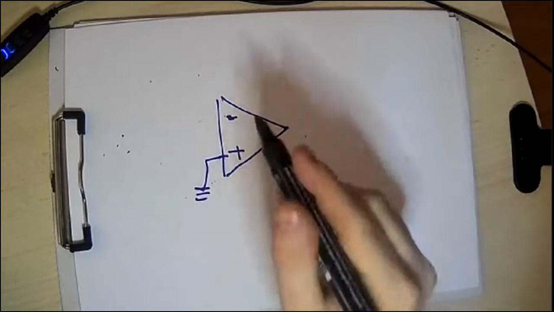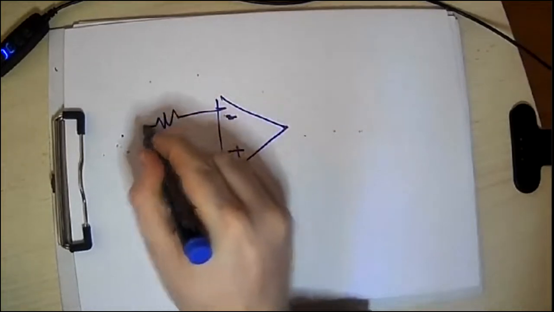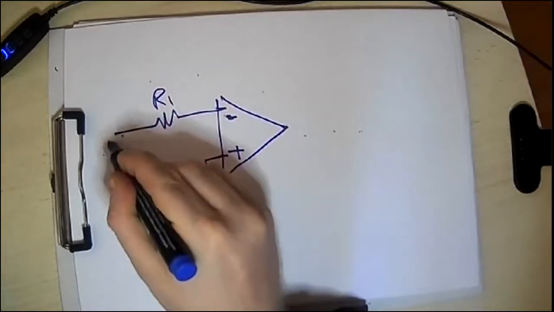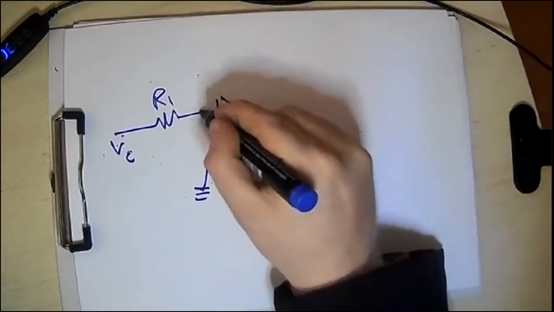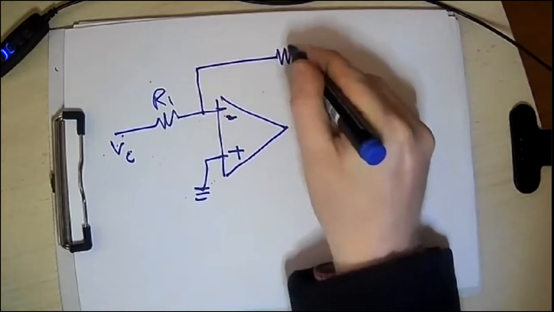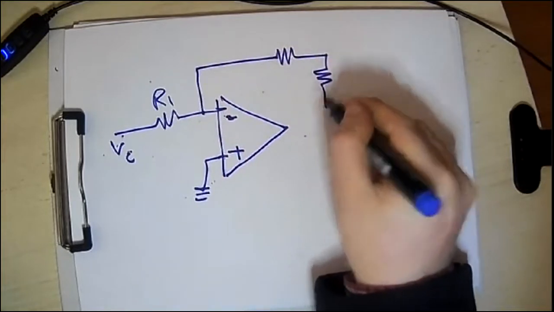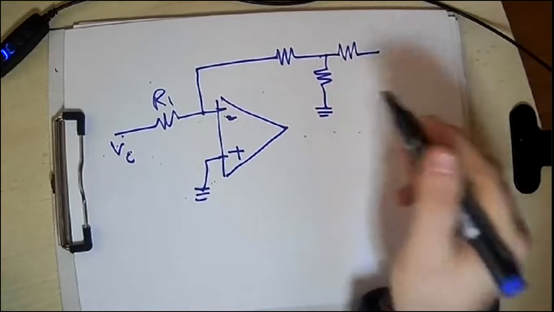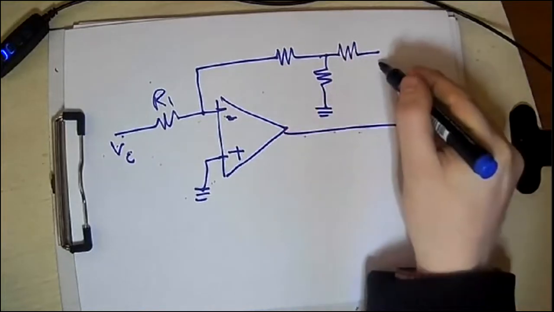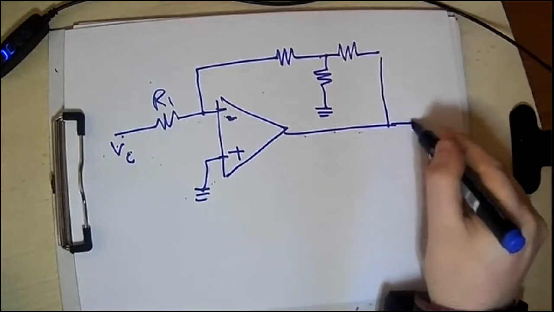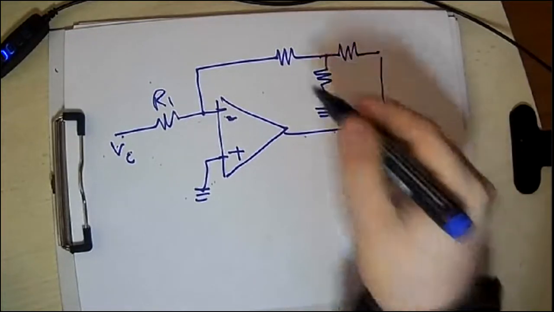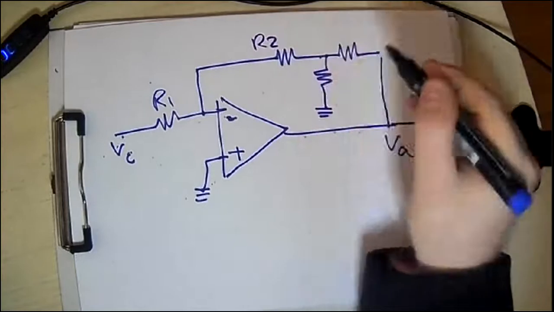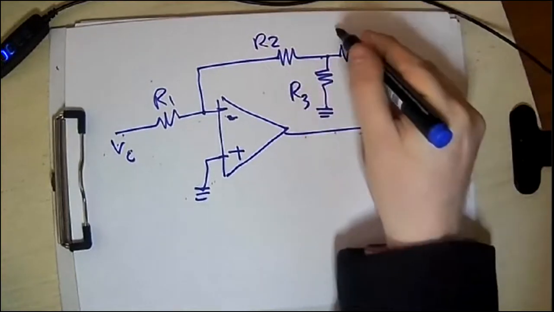So this is R1 and this is Vin. And now we have this branch, which includes 3 resistances. This is grounded, and this is connected to the output voltage. Call these R2, R3, and R4.